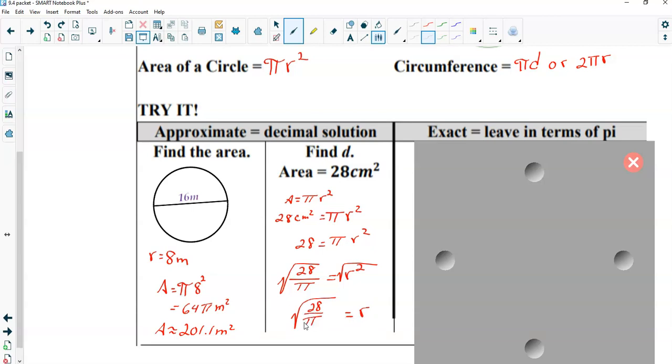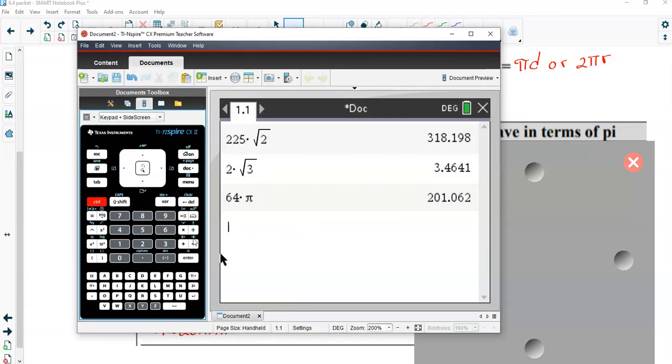So we're going to take this and put it in the calculator. I put 28 divided by pi, right? And actually I want the square root of that, so let's put that.